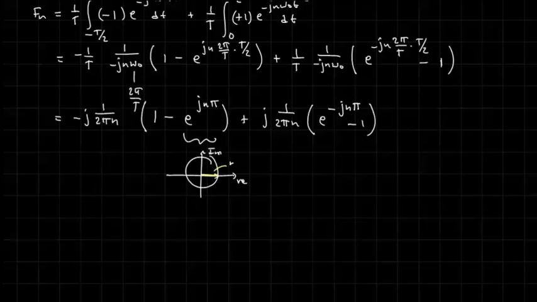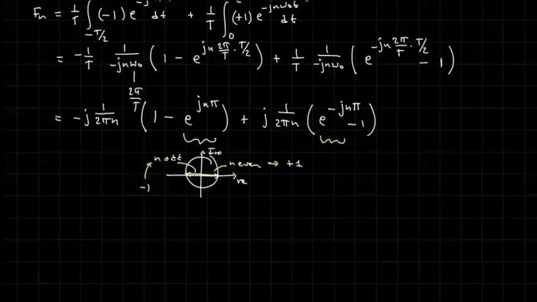And if it's odd, like j1 pi or j3 pi, it'll lie over here. This is plus 1, and this ends up being minus 1. And the same is true for this second term here. It doesn't matter which way you go around the circle, it'll be the same case.